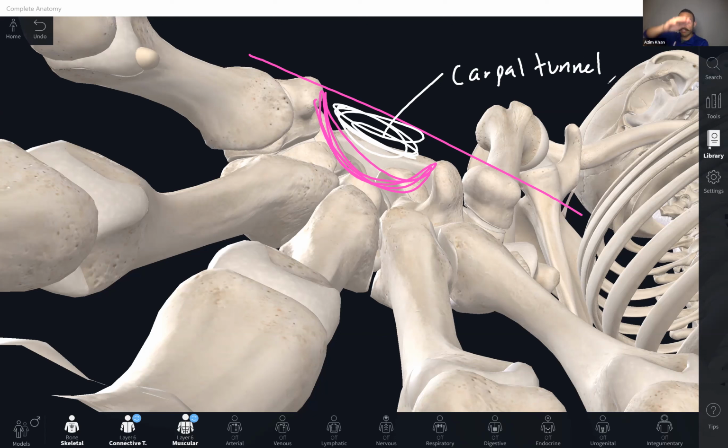Curvature provides strength. There's a lot of strength in this shape. The downside, in this modern world, is that when we press on this carpal tunnel, we also press on the tendons and on the nerves that are in here. We have a median nerve here, and if we compress it for extended periods of time, we can damage our nerve, we can damage the tendons here, and that leads to carpal tunnel syndrome.